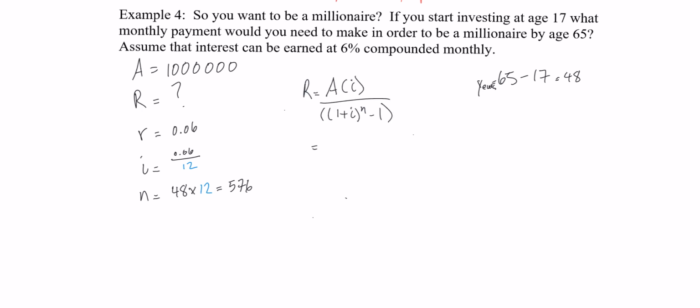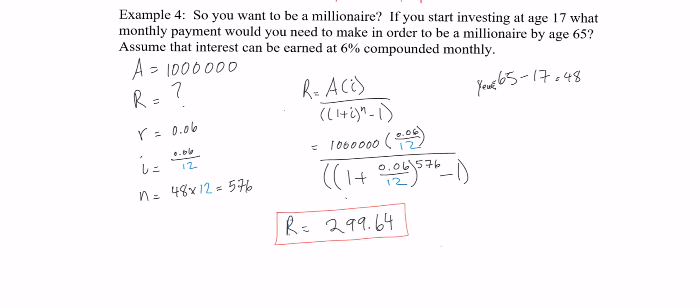Now we'll start with our basic equation. Now we'll substitute accordingly. And we get something that looks like this. By calculating R, substituting and doing the calculations, we get the following. So it says we get $299.64 for our contributions. So now my question for you is what the interest earned is.